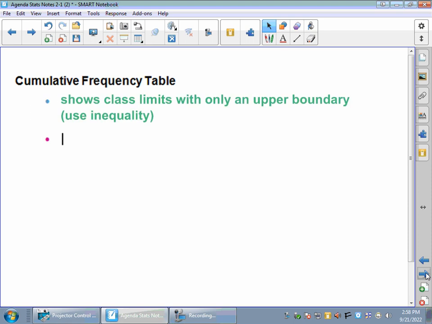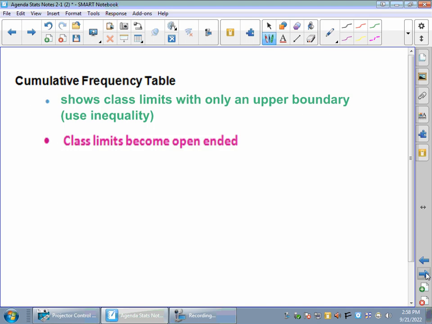This shows your class limits with only an inequality and upper boundary. So we're accumulating things, so we're saying everything that is less than this value goes here. So we keep accumulating. The class limits become open-ended. I think I've got a practice here.